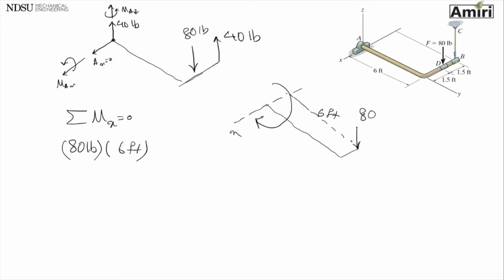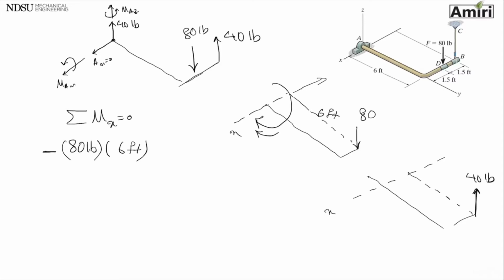Now let's use the right hand rule. If I curl my fingers with this, my thumb is going to point to negative x-axis, so I'm going to put negative there. The other force that I have, this is the x-axis, this is my rod. I have an FBC of, how much was it? 40 pounds.